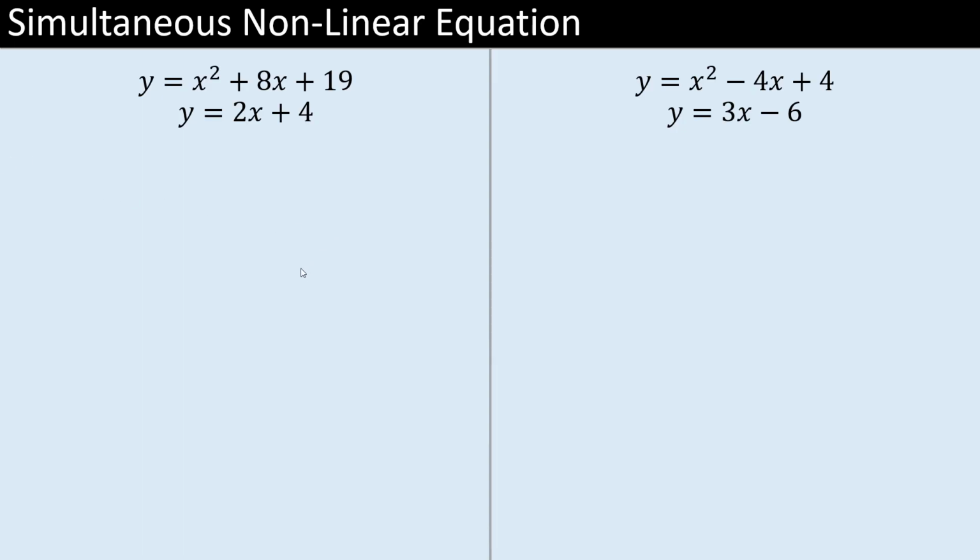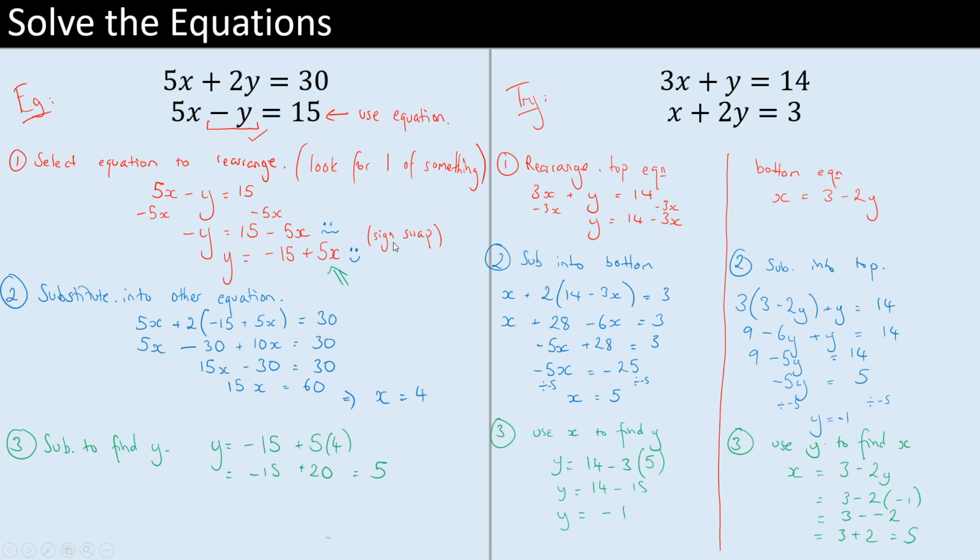Okay. So even before we start these questions, I'm just going to backpedal to a previous slide. We looked at this slide in our previous video, the video where we looked at solving equations using a substitution method.